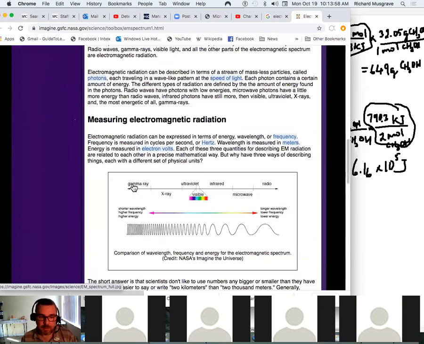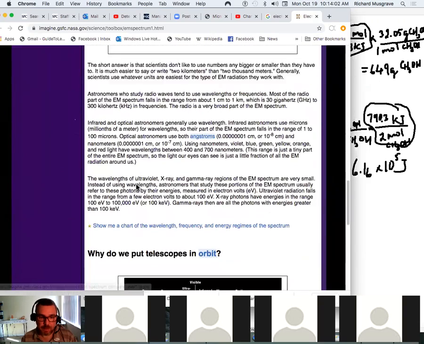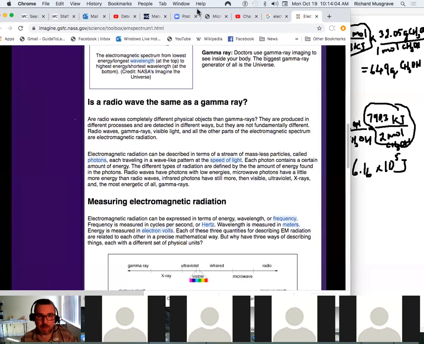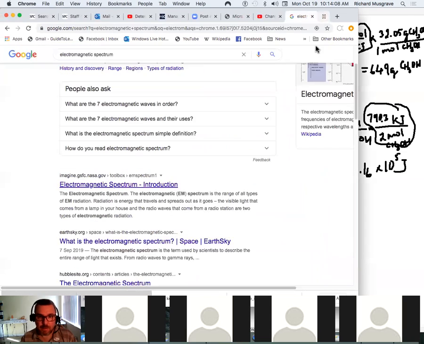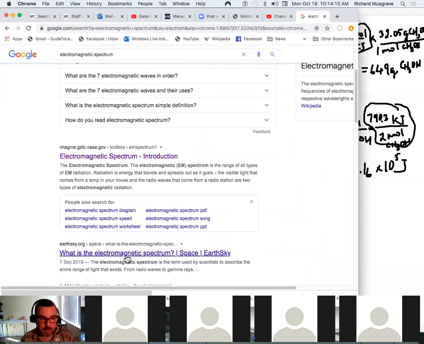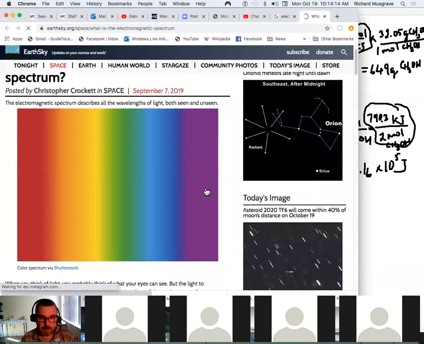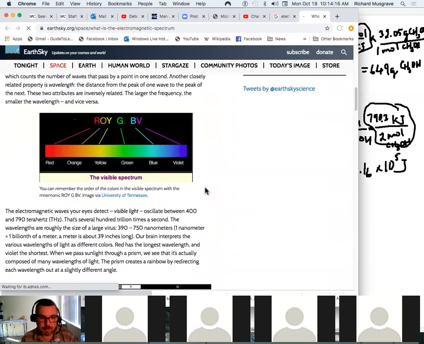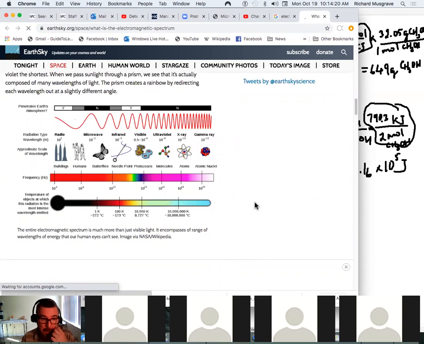I would have liked some kind of wave. I don't like this one as much. I'd like something here that tells me the wavelength and frequency of light as well. Here we go.